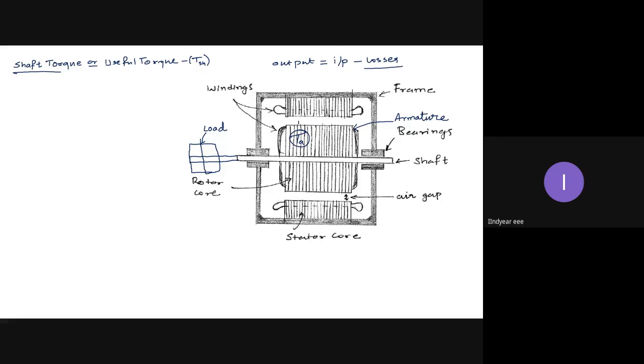So these losses are the inherent properties of any machine, which demand some amount of energy from the input so that the operation of the machine remains intact. For example, we have all seen copper losses. What are these copper losses? I squared R losses. If I make the resistance of the conductor 0, copper losses will become 0.